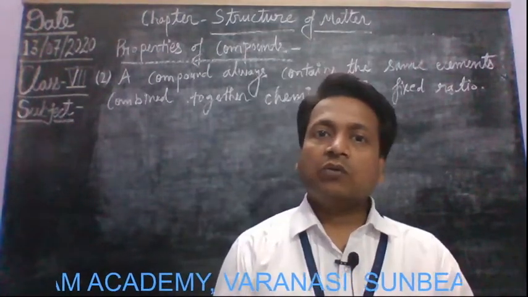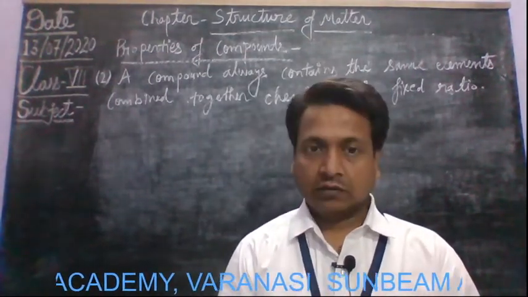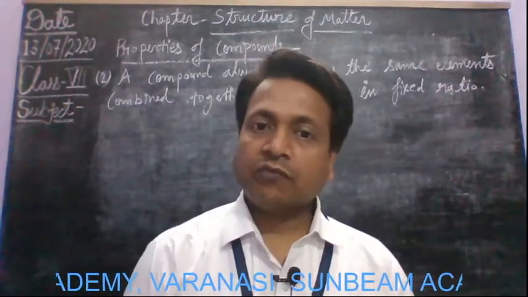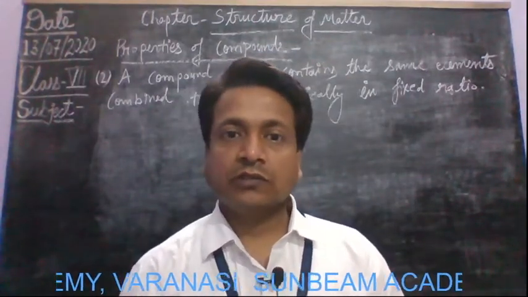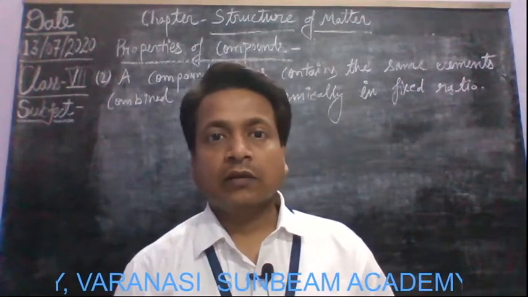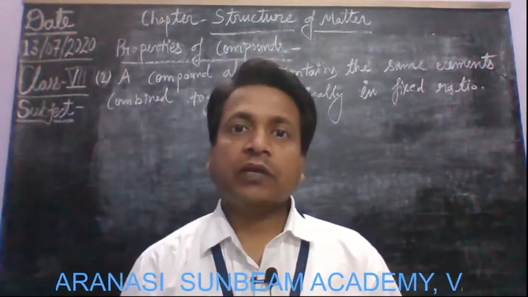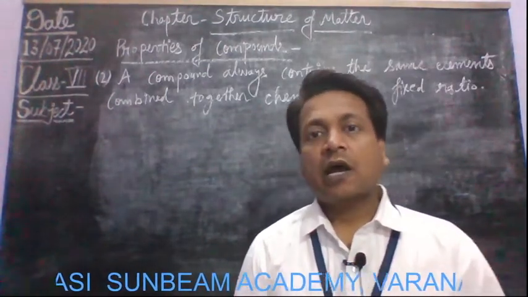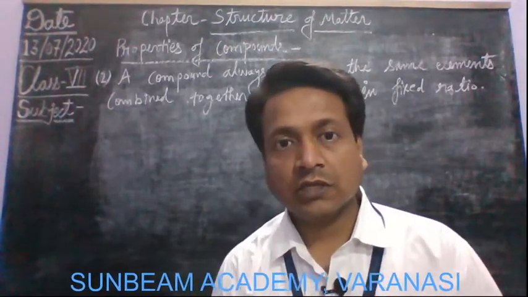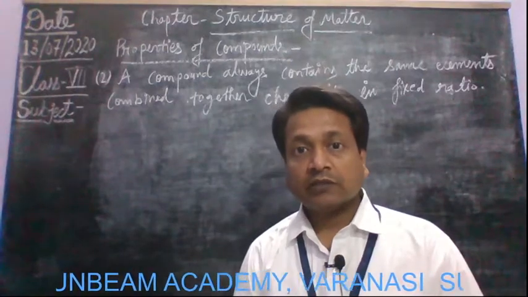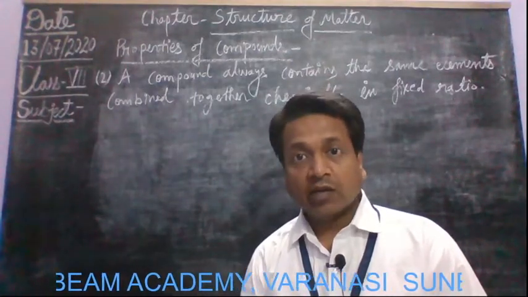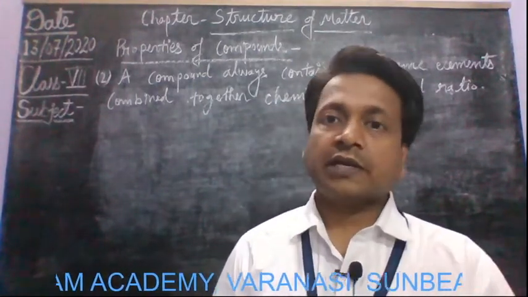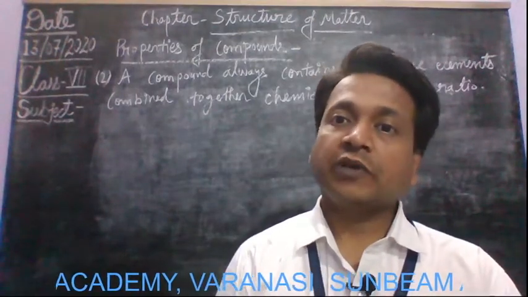Wherever that compound is found, like water, it may be found in sea, ocean, river, rain, underground water, everywhere. That water will have the same elements, that is hydrogen and oxygen. These two elements combine together chemically in all kinds of water and in a fixed ratio.